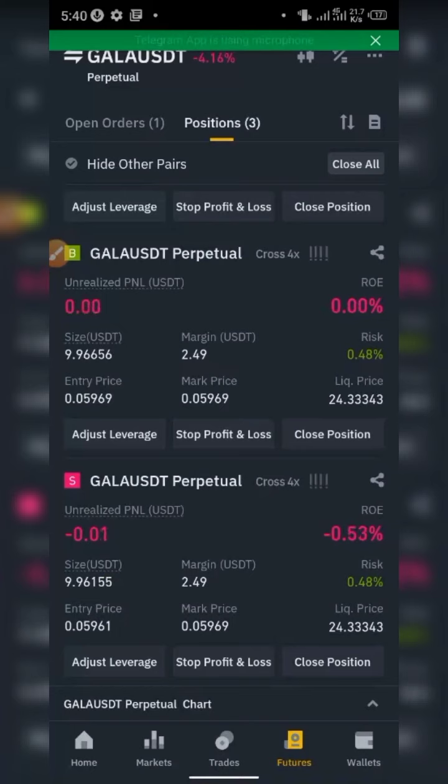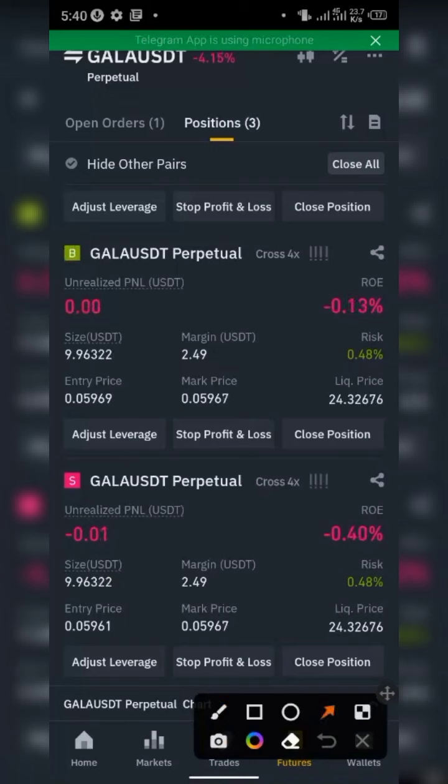One thing to note is that with the hedge mode, your leverage should be equal. You cannot set one leverage higher than the other. So this one, the leverage is equal.